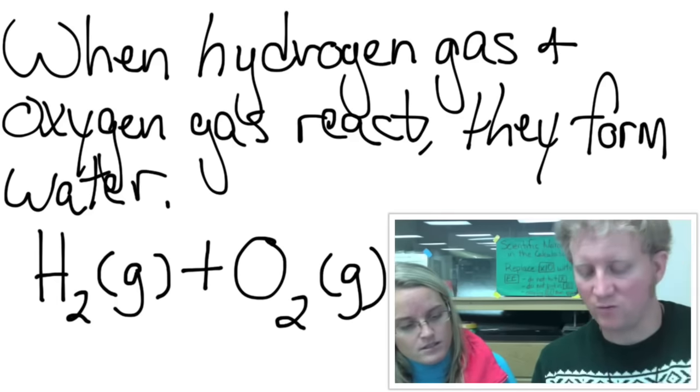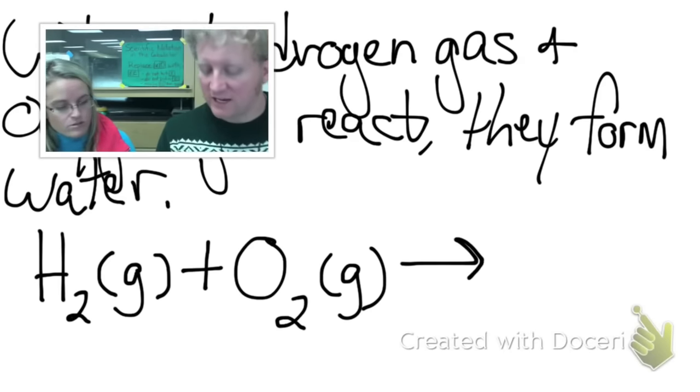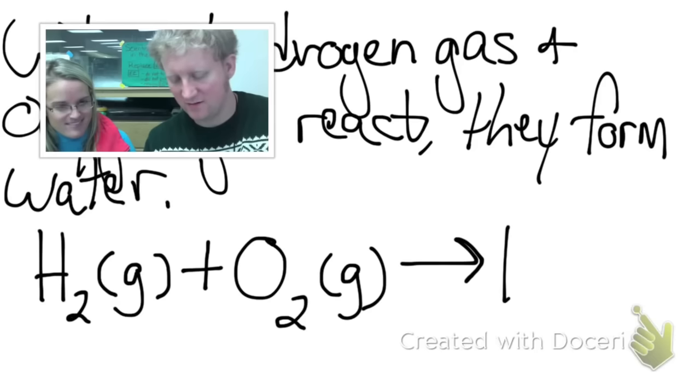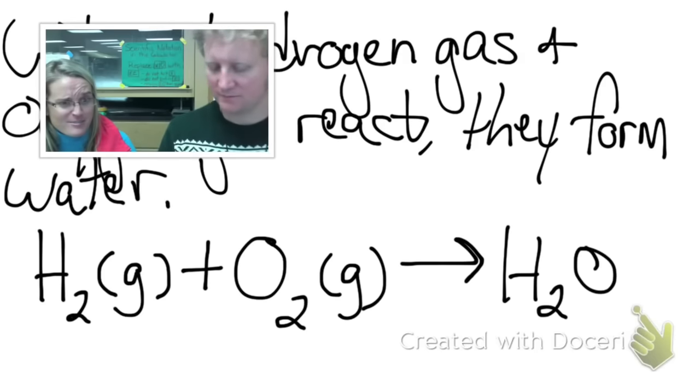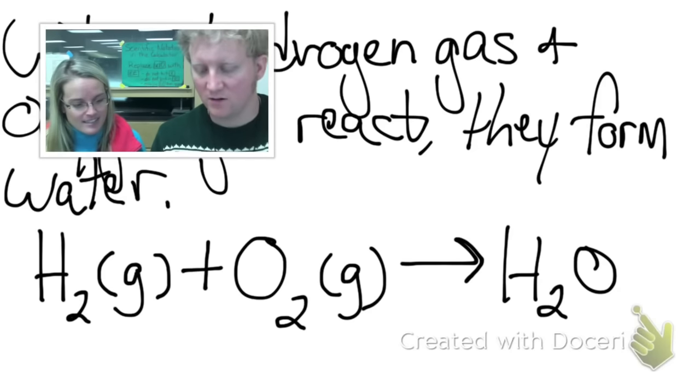So when they react, it forms. That means it makes or it yields? Yeah, so we can put the arrow in there. Water. I know that one. It's H2O. Yay! Now, I don't know this. Is it water? Because water can be a solid, a liquid, and a gas, but I don't think it's freezing, so I don't think it's a solid.